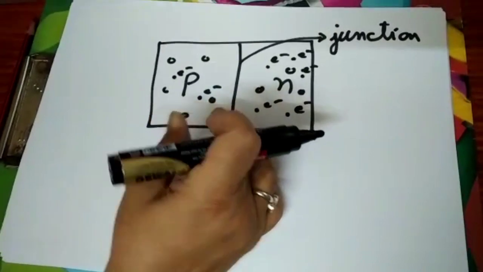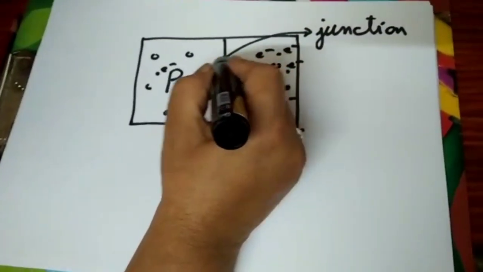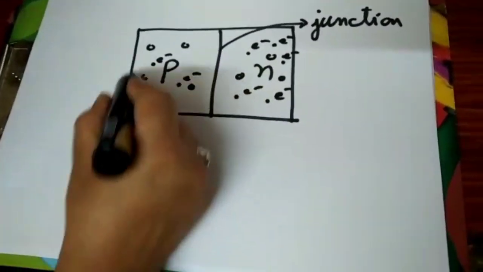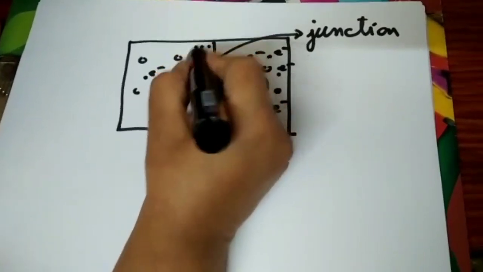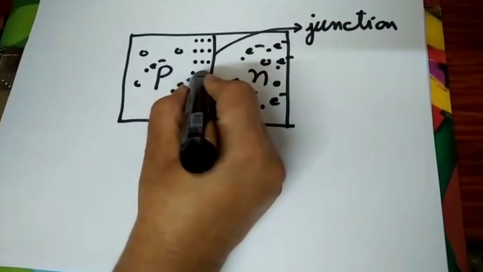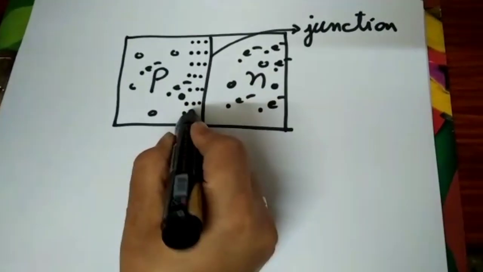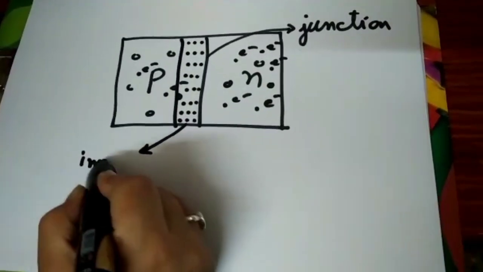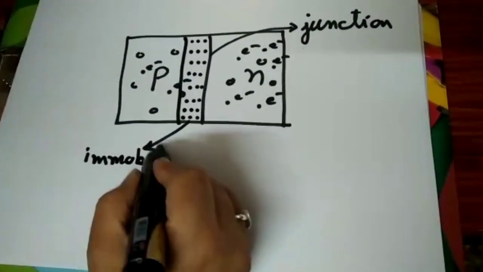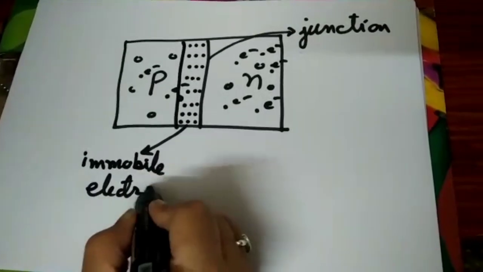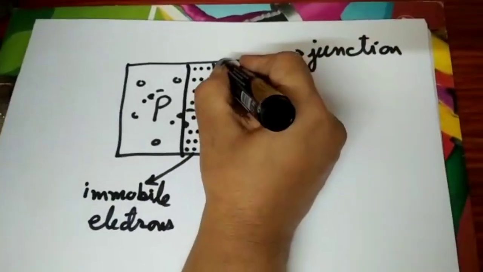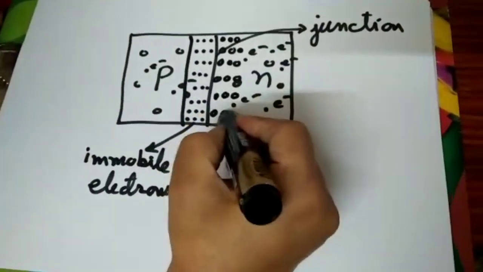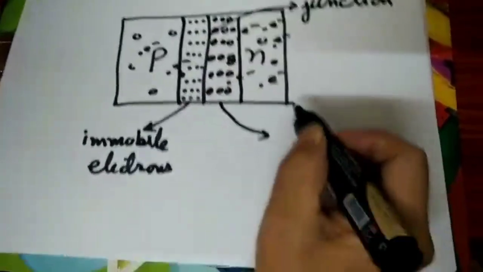So we get a diffusion current, and after some time, the energy of the electrons which have entered here will become low, and these electrons will settle down here, forming immobile electrons. Similarly, the holes will settle here, forming immobile holes.